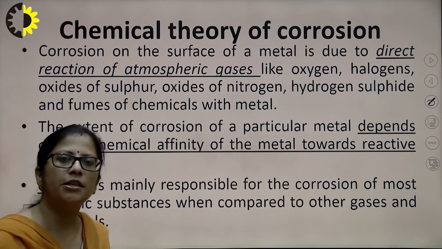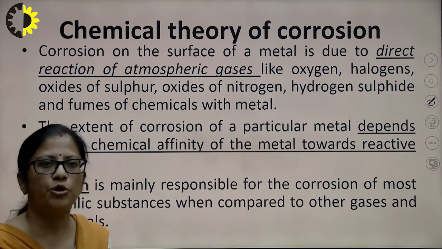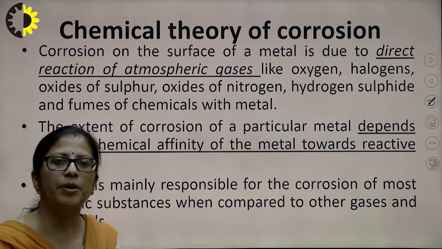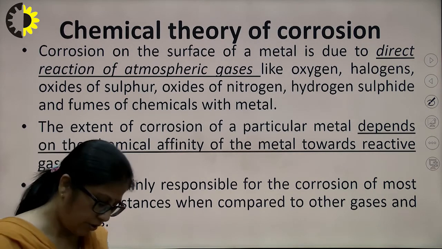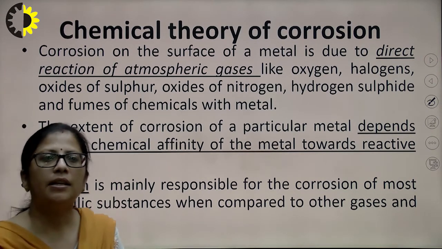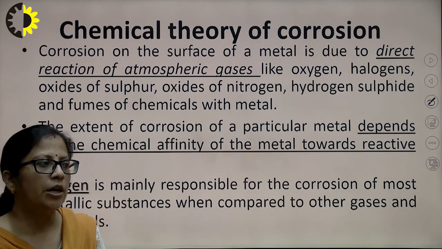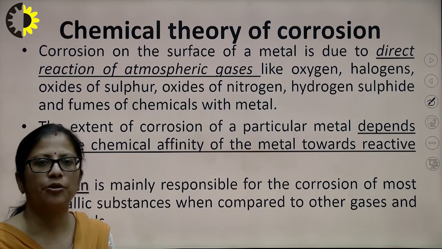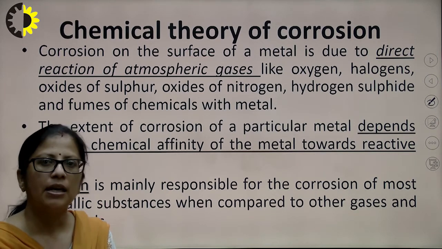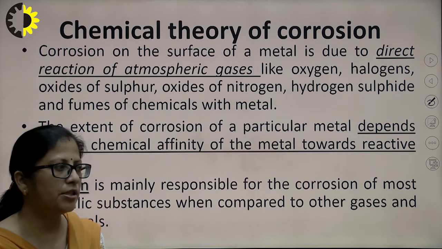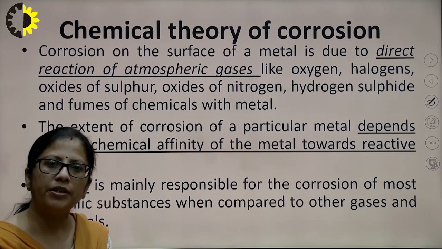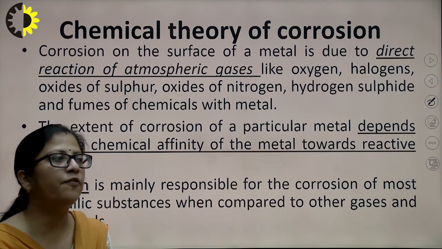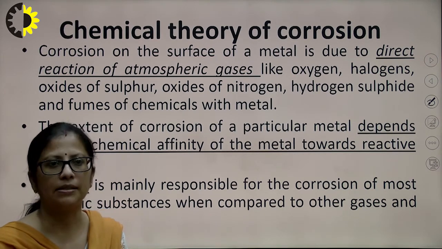Now, coming first to the chemical theory of corrosion, where the metal directly reacts with the gases present in the atmosphere. Under the chemical theory of corrosion, corrosion on the surface of the metal is because of the direct reaction of atmospheric gases like oxygen, halogens, oxides of sulfur, oxides of nitrogen, H2S gas and fumes of chemicals with metals.